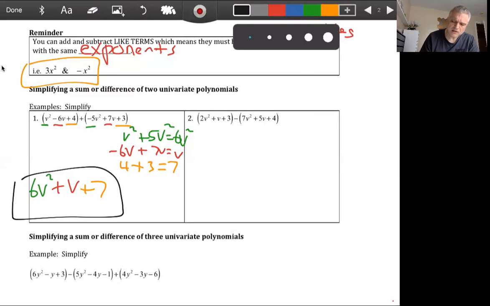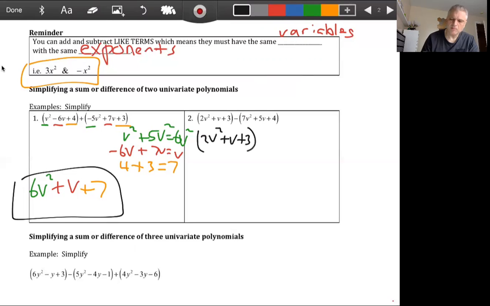Well, we're going to copy the first polynomial, and then we're not going to say minus anymore. If you remember, 3 minus 1 can also be written as 3 plus negative 1.